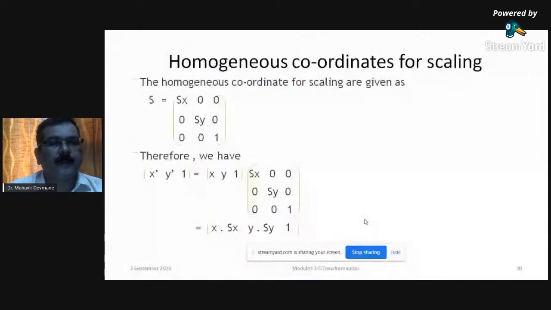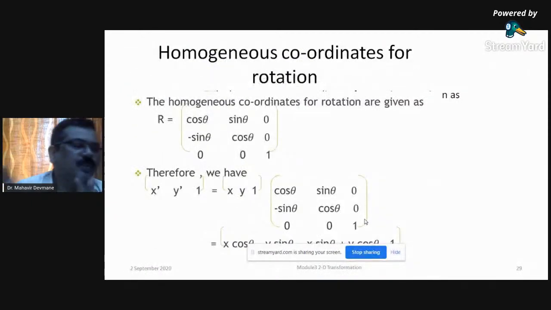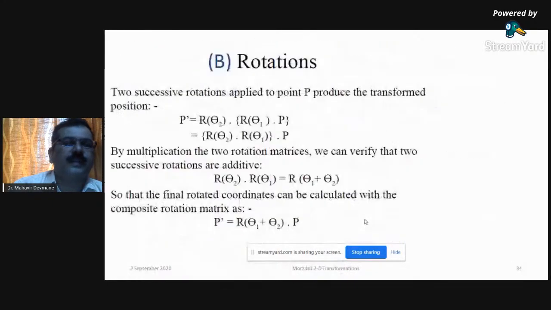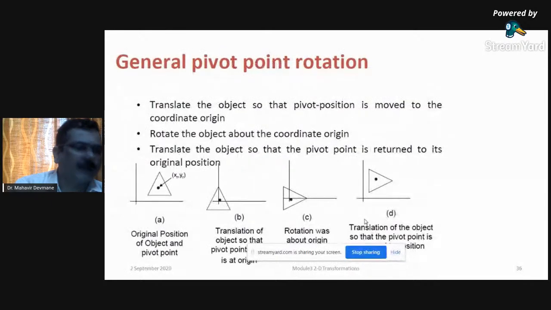Okay, so cos theta sin theta 0, minus sin theta cos theta 0, 0 0 1. This particular matrix works with reference to the origin. So when I take a triangle and rotate it by, say, 30 degrees in anti-clockwise direction, it is rotated with reference to the origin. Sometimes you may require that it should be rotated with reference to some other point.